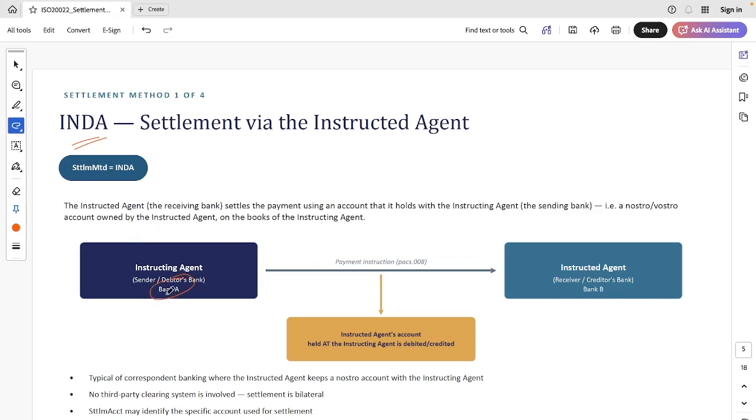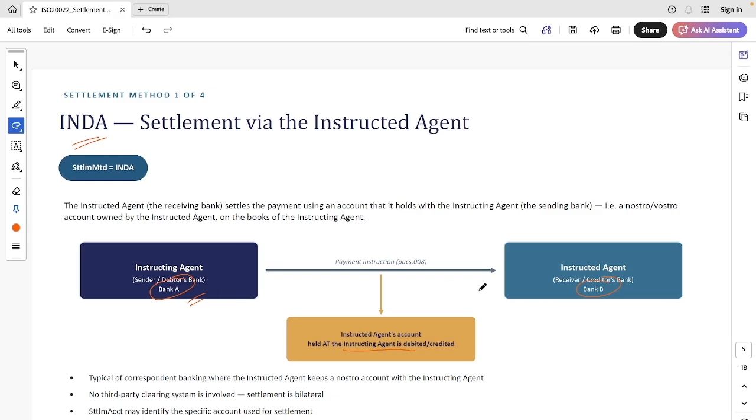Imagine Bank A is the sending bank, and Bank B is the receiving bank. Now, Bank B holds an account with Bank A. Bank A can settle the payment by using Bank B's account on Bank A's book. I'm repeating it.